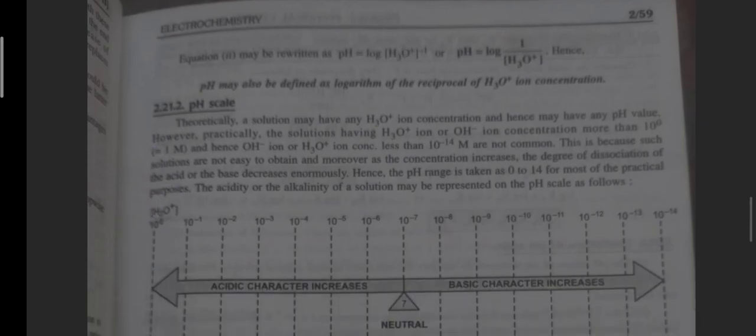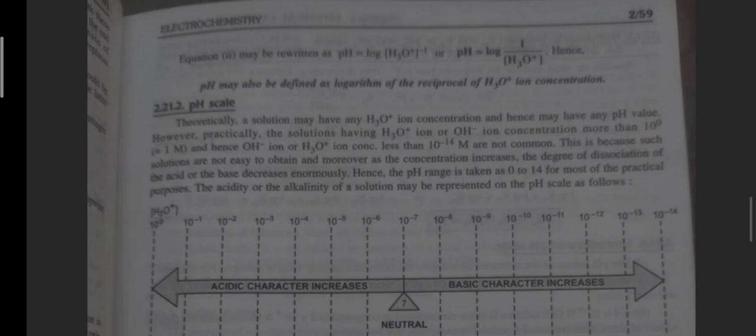Next is the pH scale. Theoretically, a solution may have any hydronium ion concentration and hence may have any pH value. However, practically, solutions having hydronium ion or hydroxide ion concentration more than 10 raised to power 0, and hence hydroxide ion or hydronium ion concentration less than 10 raised to power minus 14 molar, are not common.